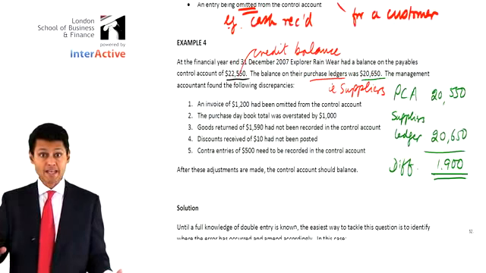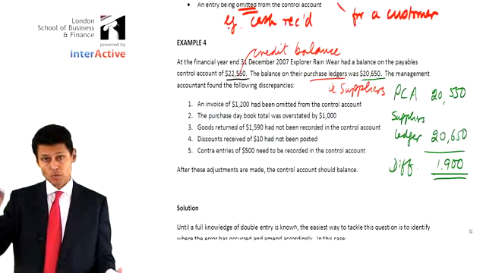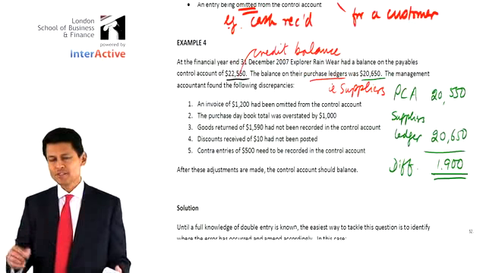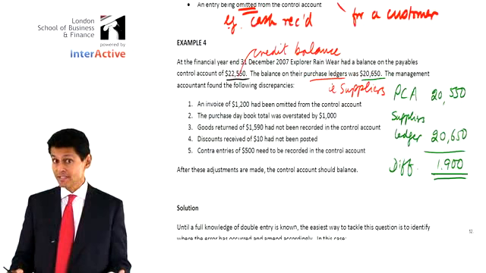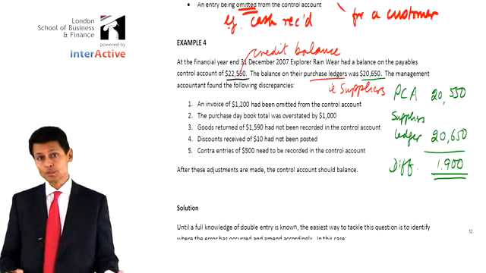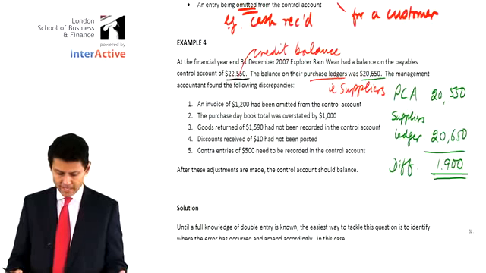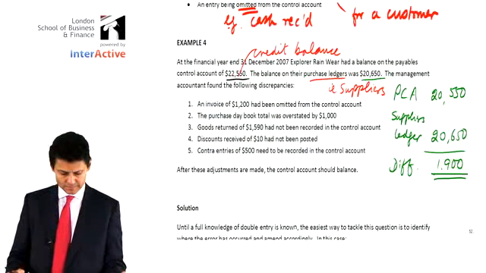Remember, the purchase daybook was added up, and it was added up to the extent of 1,000 too much. Because that ends up on the credit side of the payables control account, being a liability, suppliers we owe money to, it's been overstated by 1,000. So we've got to correct it, of course.